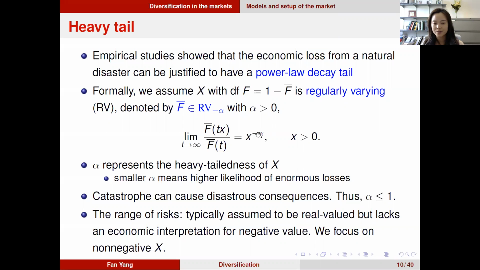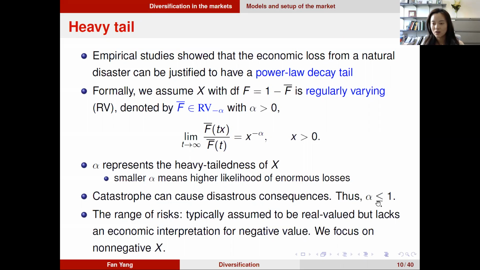For catastrophes, we understand they have disastrous consequences. That means it's more reasonable to model them using more heavy-tailed distributions. Actually, some empirical studies have shown that some earthquake losses do have an alpha tail index less than 1.